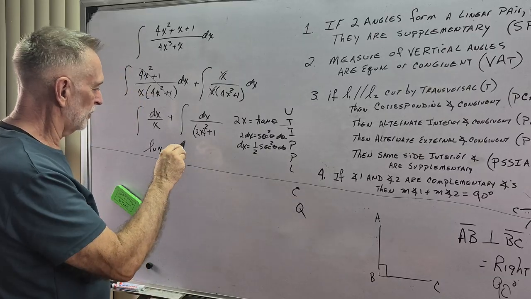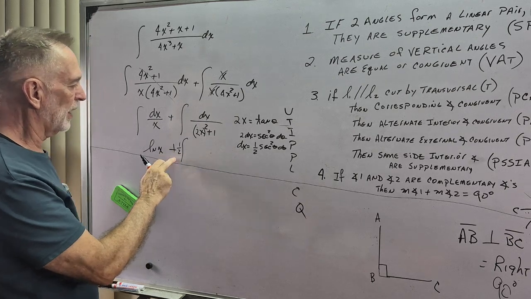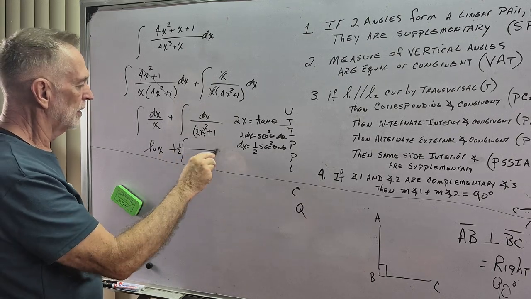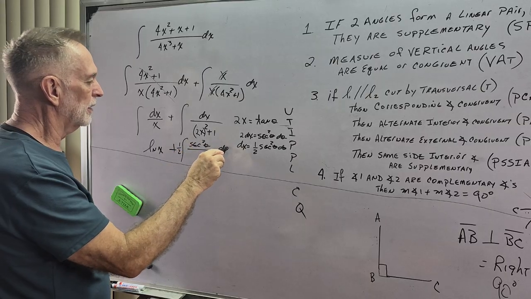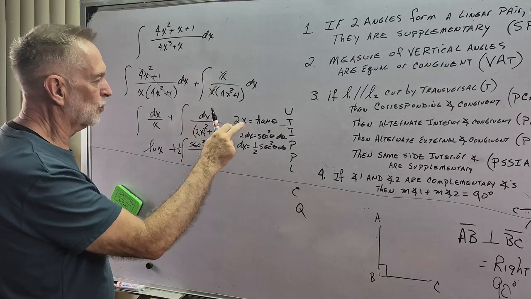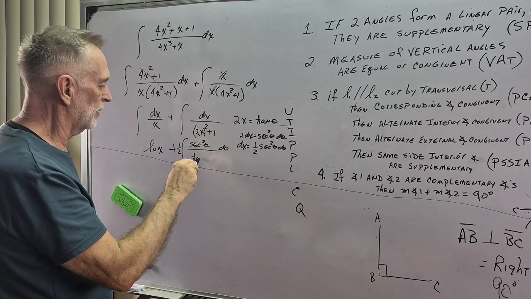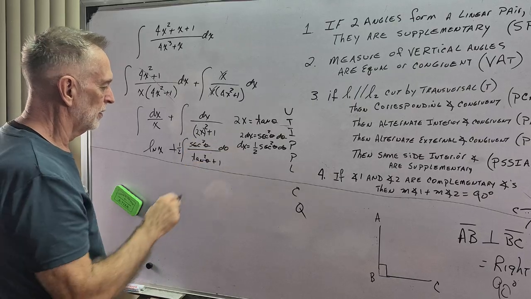So let me do that here. So dx, put the 1/2 to the outside, secant squared theta d theta over (2x) squared, which now is tangent squared theta plus 1.